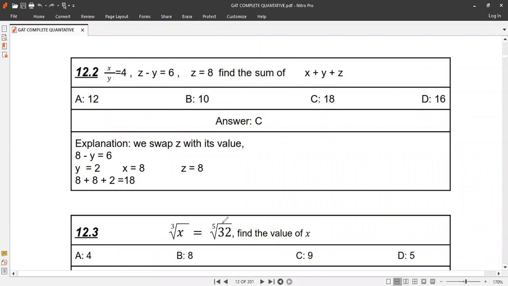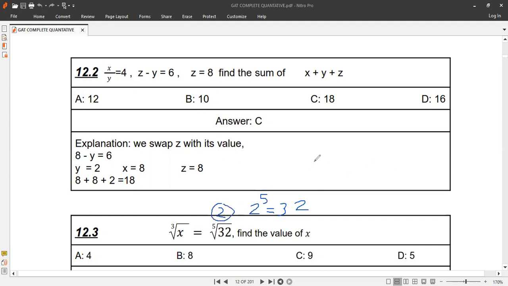So the fifth root of 32 is 2, because I know that 2 power 2 equals 4, 2 power 3 equals 8, 2 power 4 equals 16, 2 power 5 equals 32. So here we have 2.